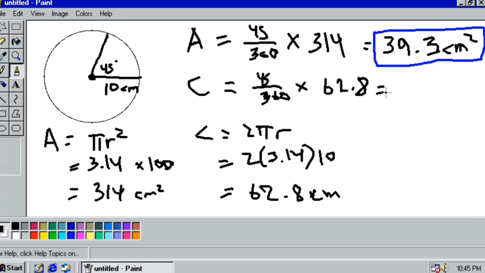Times 62.8, that would be 7.855 centimeters. So this is the length of the arc of a 45-degree sector with a radius of 10.